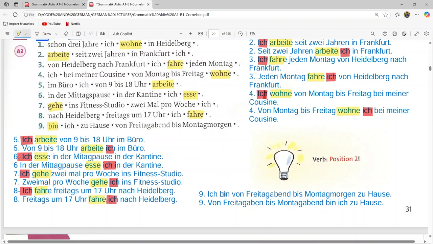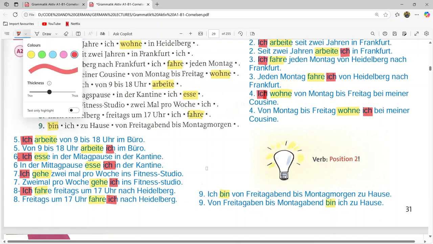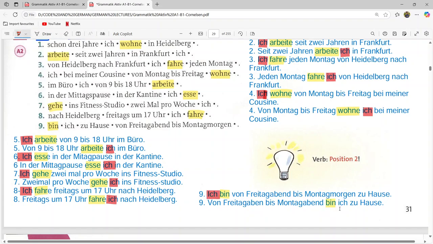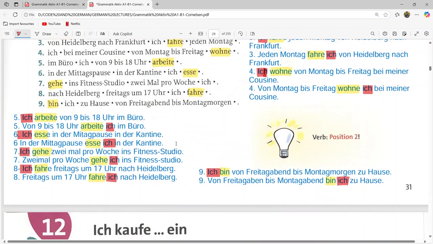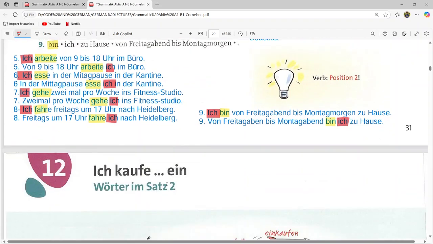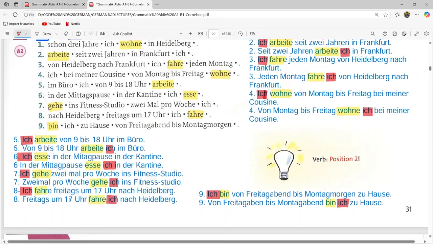The verb is in the second position, everything before it is time information, and then the verb is in the second. Okay, then the subject is first, the subject is on the left, the subject is on the right. Okay, so in this way we also completed this chapter, and then we will cover part 2 in the next video.